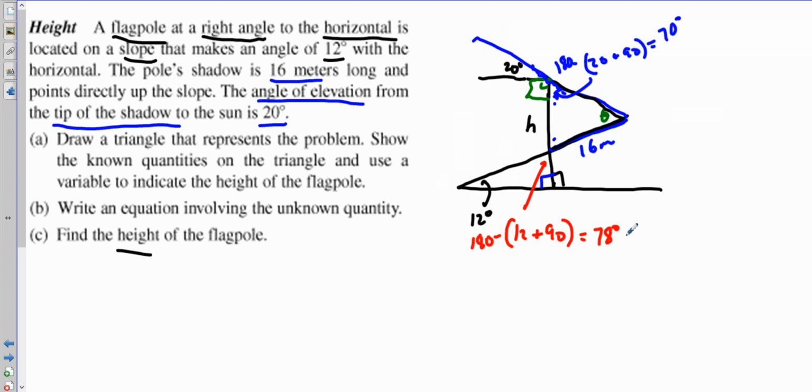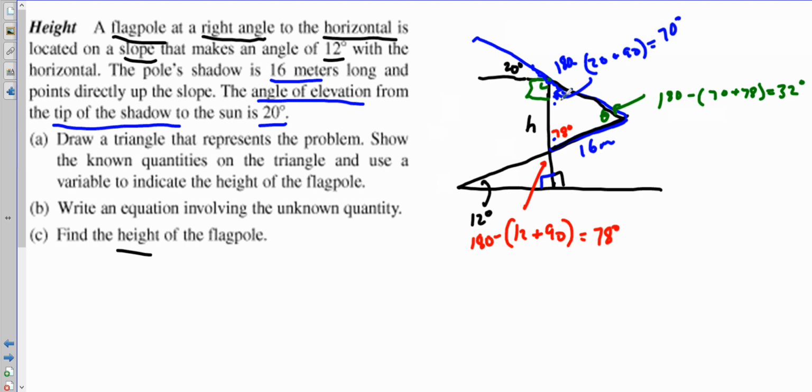These are vertical angles, so that's 78. Now, what is this green angle? This is 70, this is 78, so this one is 180 minus the quantity 70 plus 78, which equals 32 degrees.